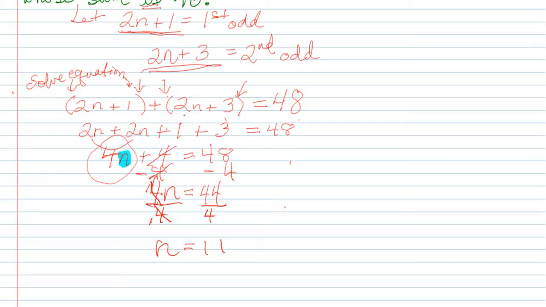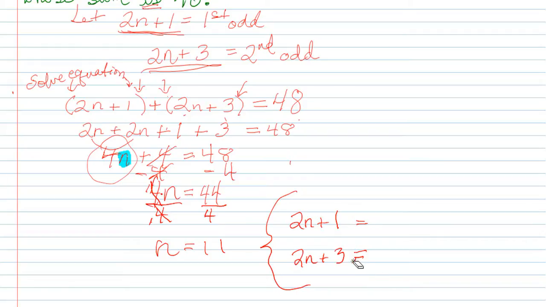Now we need to come back and answer our question. We need to find the 2 consecutive odd integers. Our first one was this one, and our second one was this. And n is 11, which helps us get to the answer.